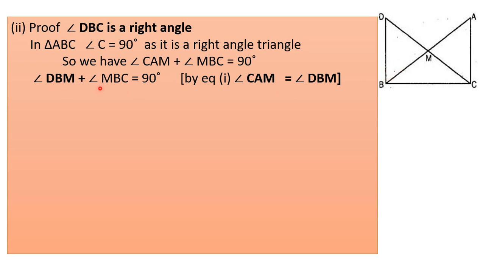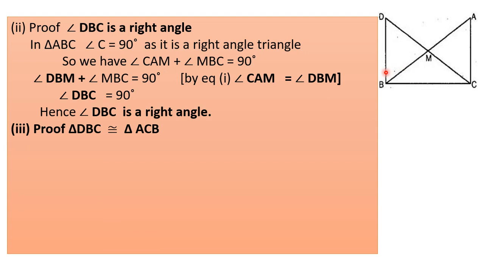So angle DBM plus angle MBC is equal to 90 degrees. So the combination of these two angles, angle DBM and angle MBC, is 90 degrees. So here it is proved that angle B is 90 degrees.